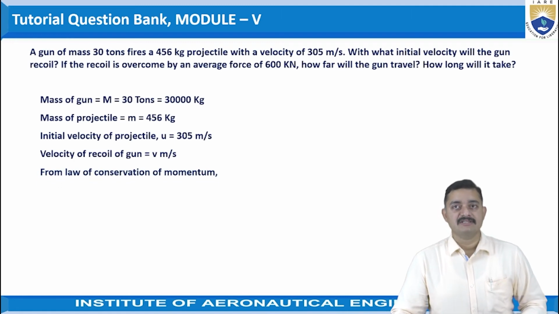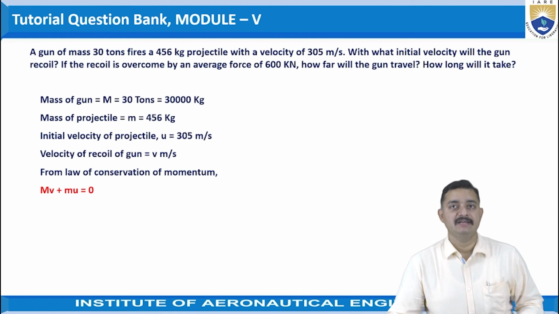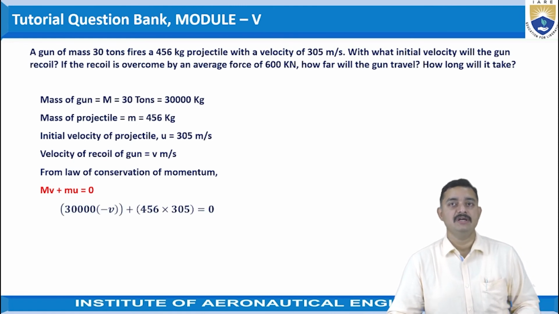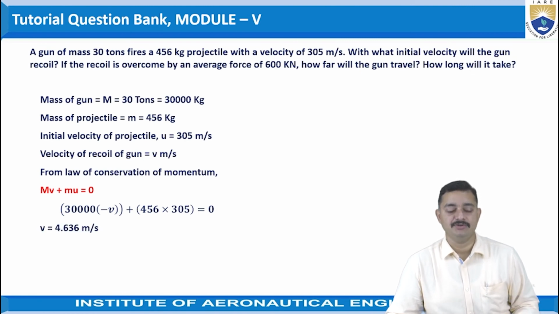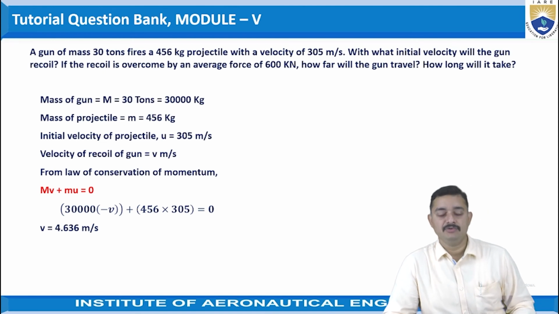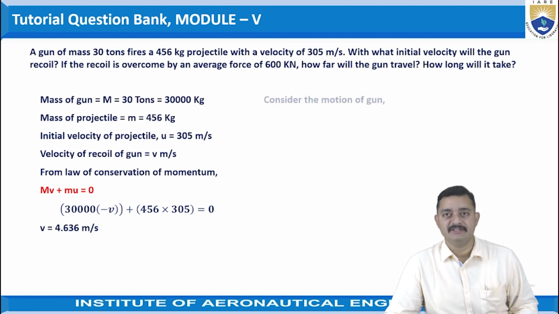Now from the law of conservation of momentum, we can take Mv plus mu is equal to 0. So that can be taken as 30,000 into minus v, because that is the opposite direction movement, plus 456 into 305 is equal to 0. So that will give v is equal to 4.636 meters per second.